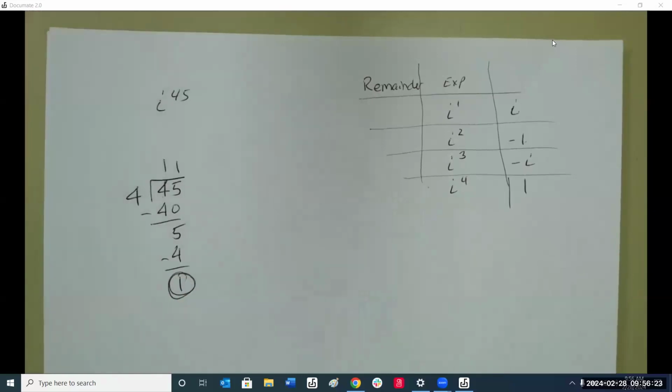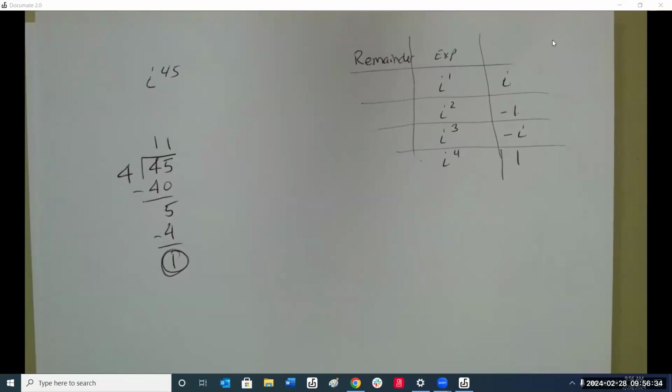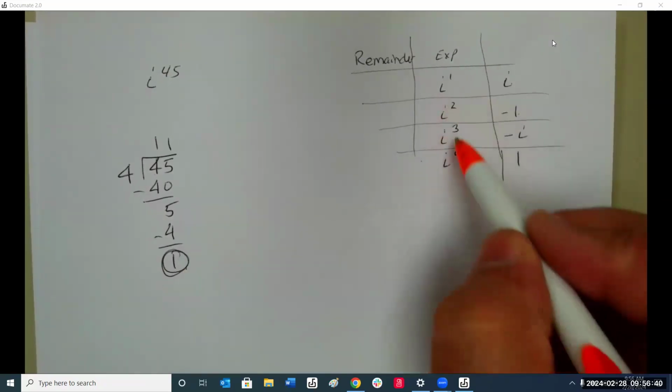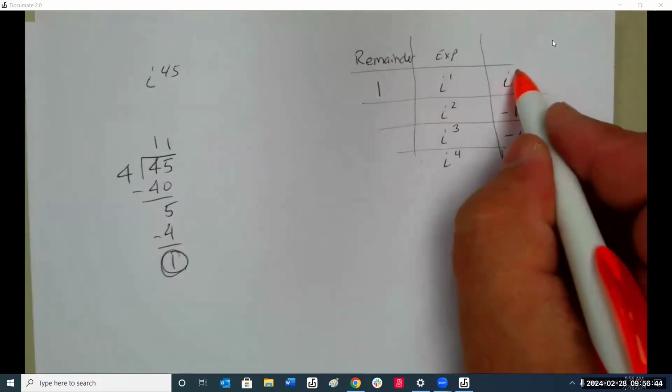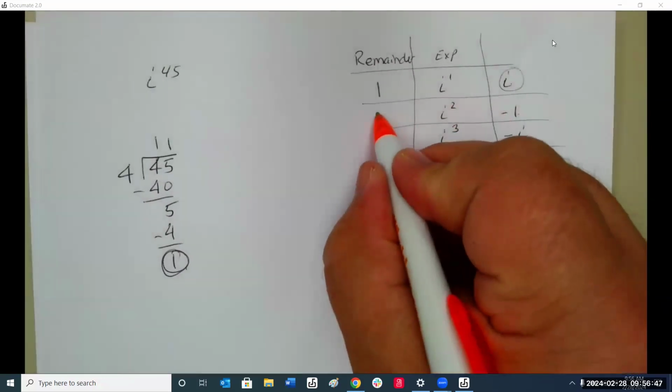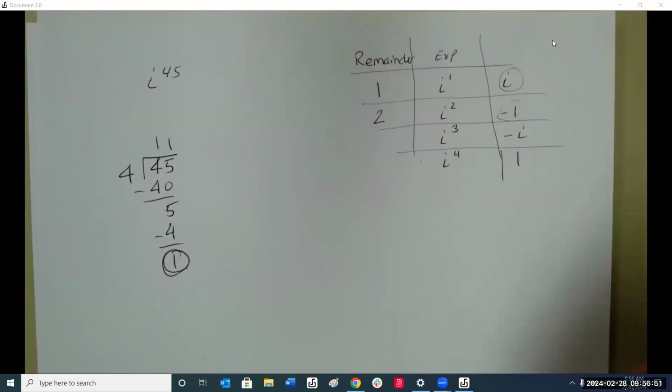And that's our remainder. Now we look over here. If the remainder is 1, the answer is I. If the remainder is 2, the answer is negative 1.